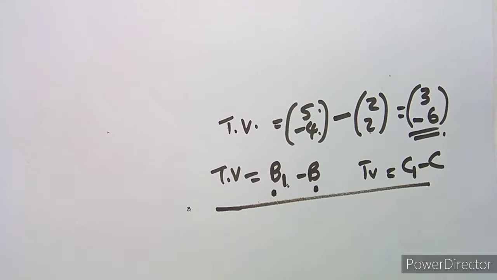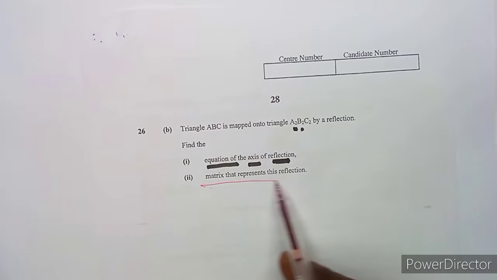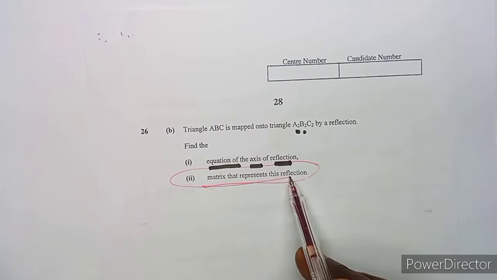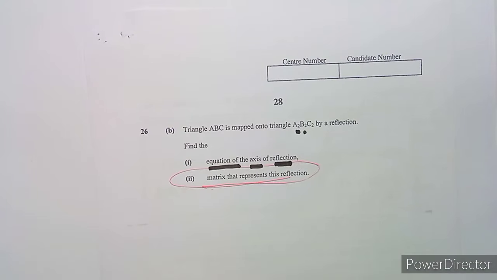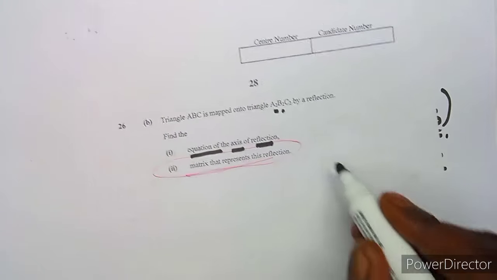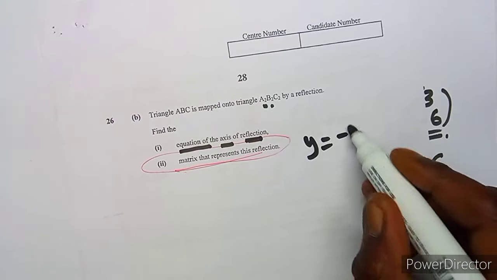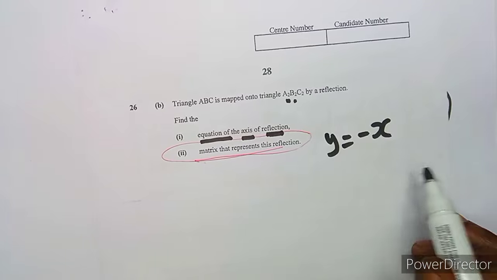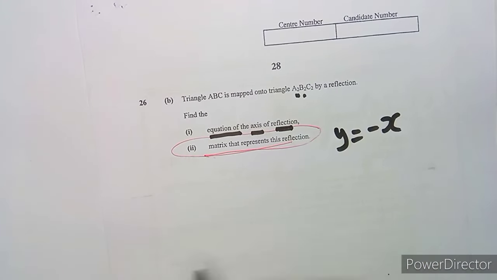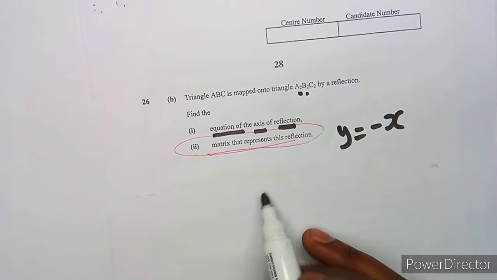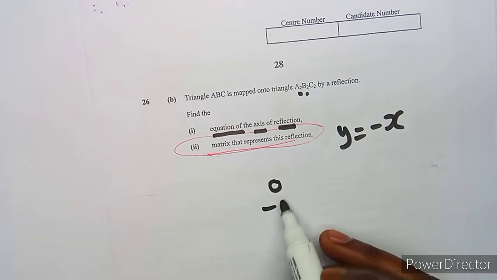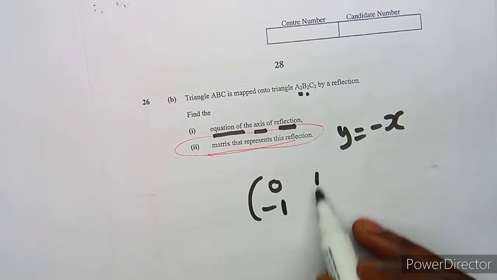Then they are now asking us to give the matrix that represents this reflection. What is the matrix for reflection in the line y = -x? Guys, we talked about these matrices for reflection. If you watch those videos, the matrix for reflection, we said it gives us (0, -1; -1, 0).